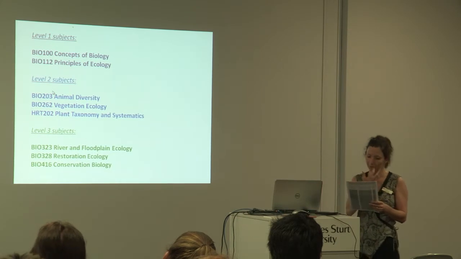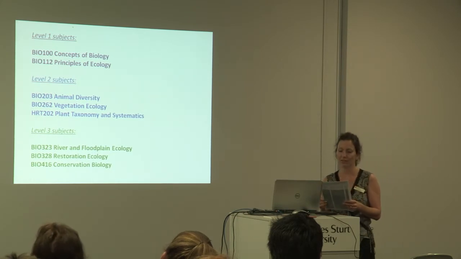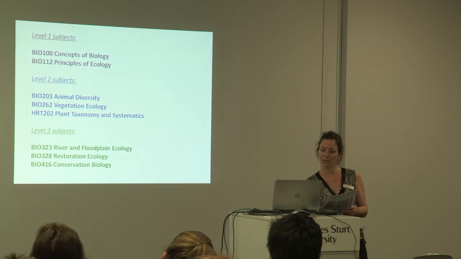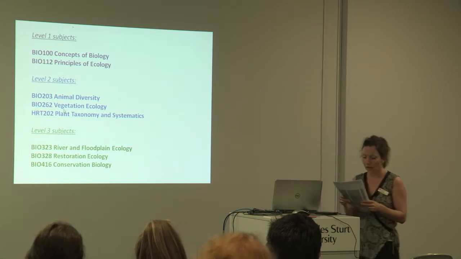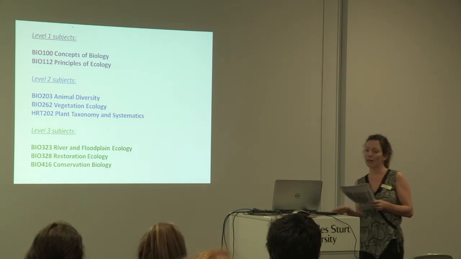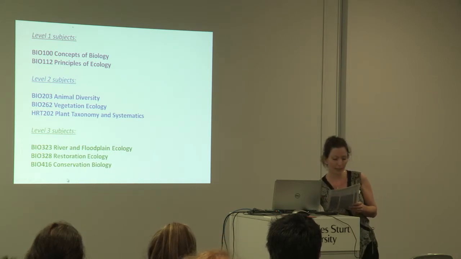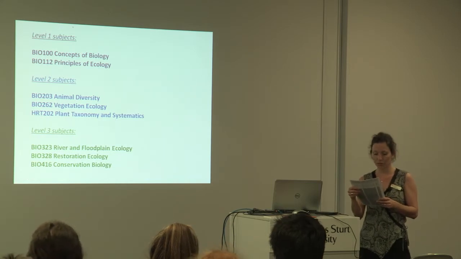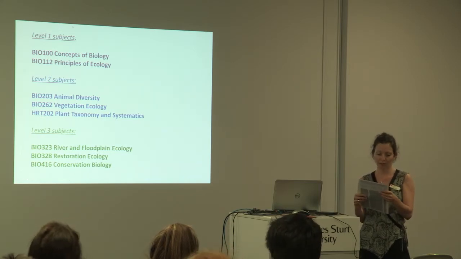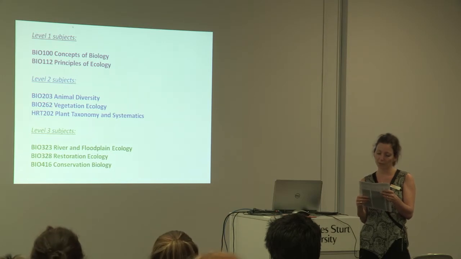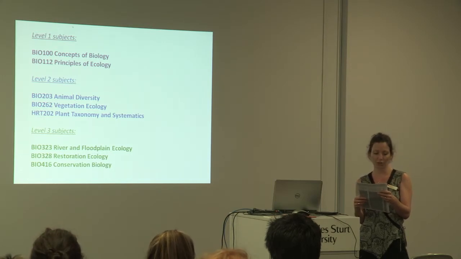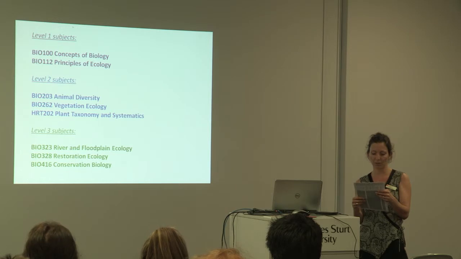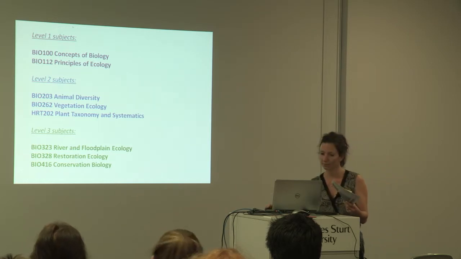And then similarly with plant evolution, ecology and diversity in 202 and 262. The upper level subjects listed here deal with biological systems and ecological relationships, populations and communities, human impacts and environmental solutions to degradation and disturbance. All right.